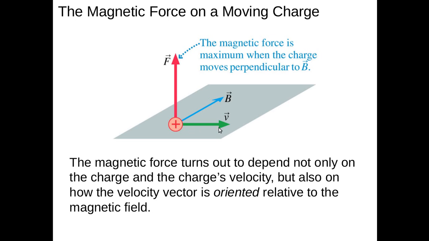So this is A, this is B, and then the cross product A cross B was perpendicular. So if we take this particle launcher, whatever this device is, and we fire a particle in this direction, as soon as it enters this magnetic field, it's going to experience a force in that direction. And so this force vector is perpendicular to both the velocity vector and the magnetic field vector.